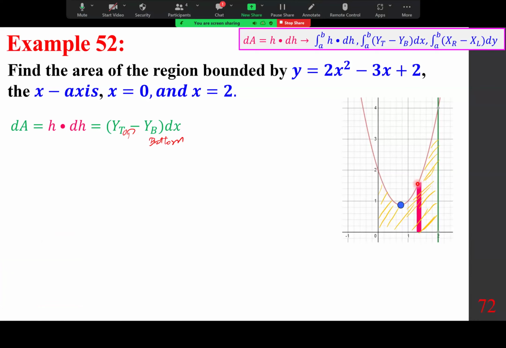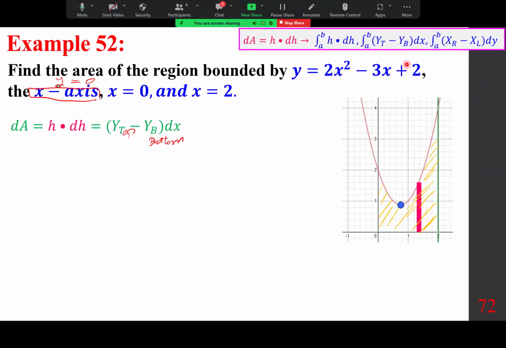So y of the top is y of the function y equals x squared minus 3x plus 2. Y of the bottom is the x-axis. And the x-axis has the equation y equals 0.